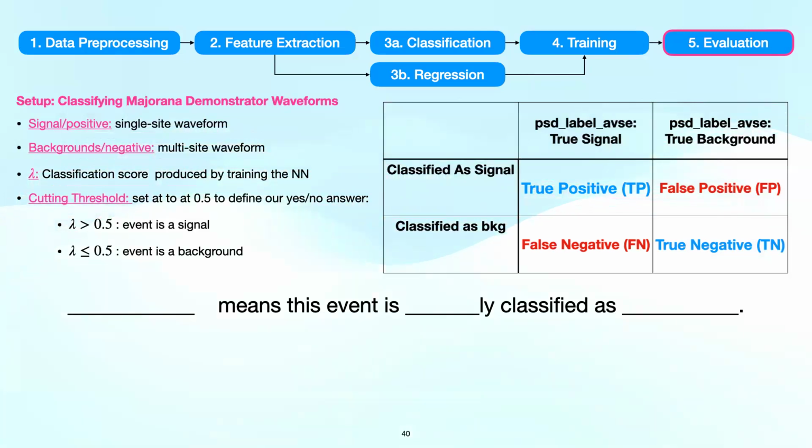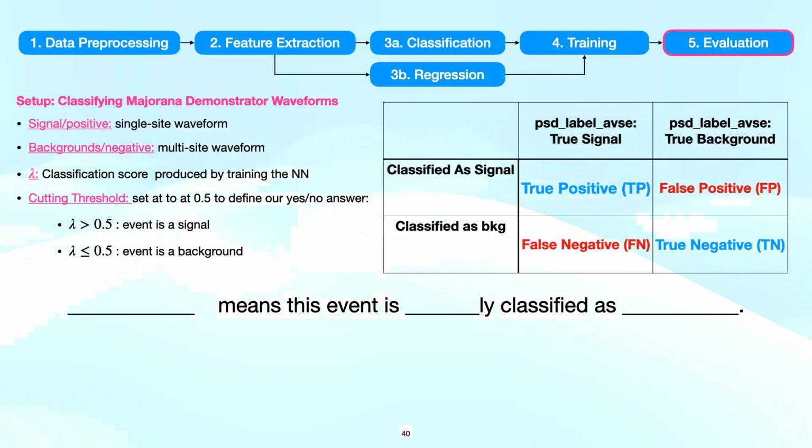And lastly, as I said, I need to set a cutting threshold, right? So let's choose a number, let's say 0.5. If my lambda is greater than 0.5, I'm calling this input waveform a signal. If my lambda is smaller than 0.5, I'm calling this input waveform a background. So here, basically, I have a table that's drawn on the right.